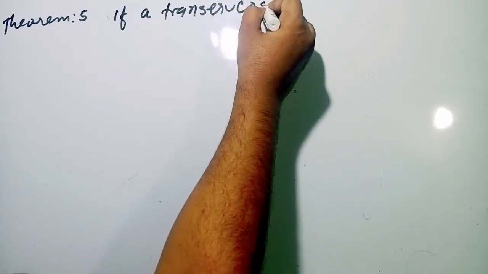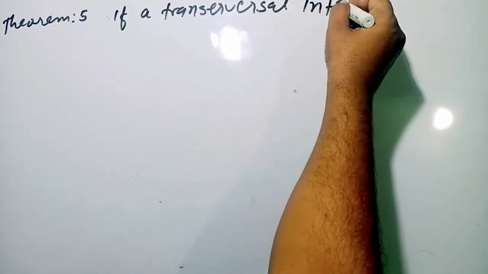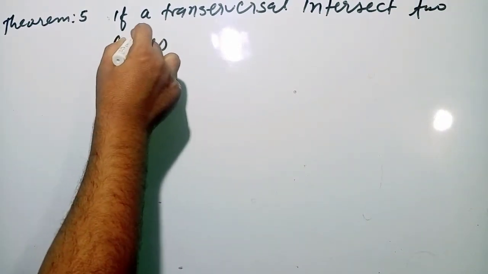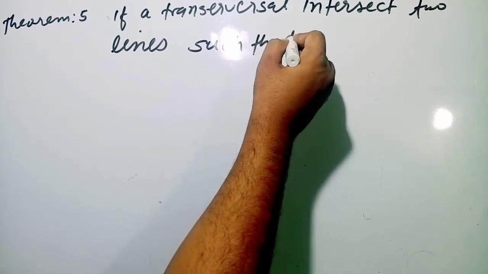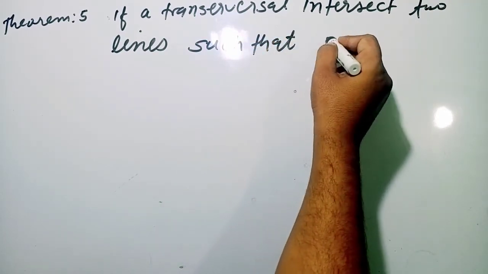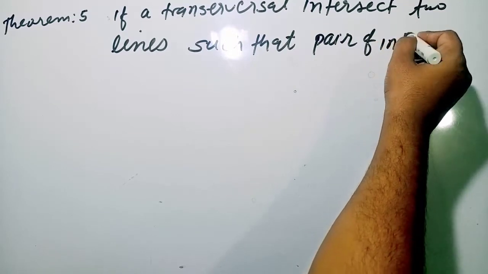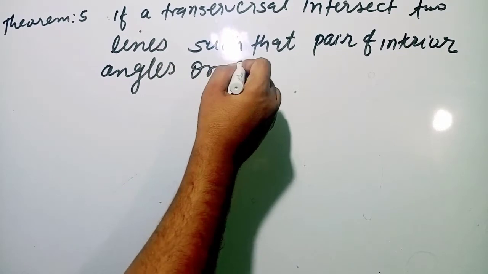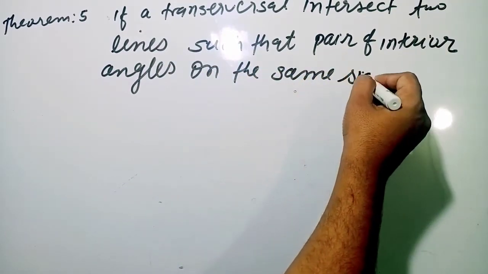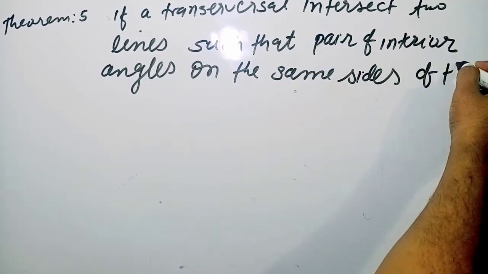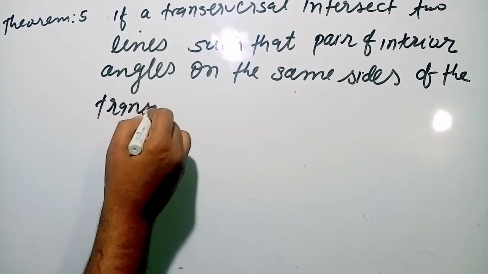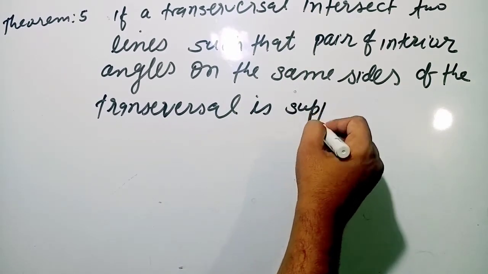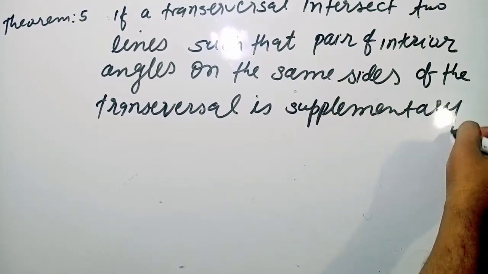If a transversal intersects two lines, not parallel lines, such that the pair of interior angles on the same side of the transversal is supplementary, in that case both the lines will be parallel.